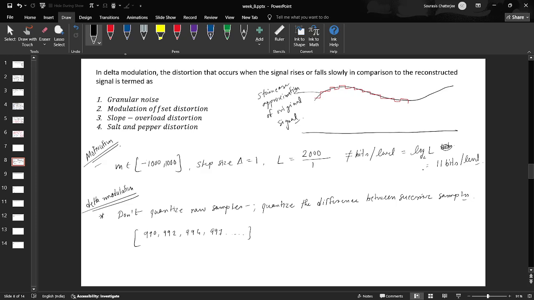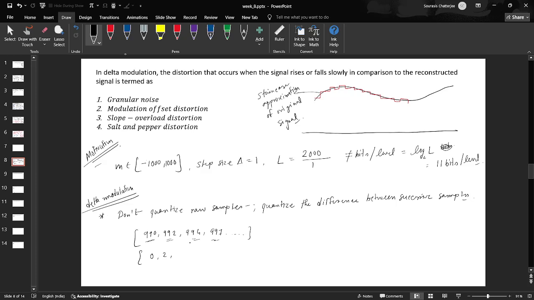Delta modulation says don't quantize the raw samples like 990, 992, 994, 997. You are supposed to quantize the difference between them. If you consider 990 as a reference, what is the difference between 990 and 990? It's 0, kind of trivial. Next, 990 is your reference and the sample is 992, so that is 2.